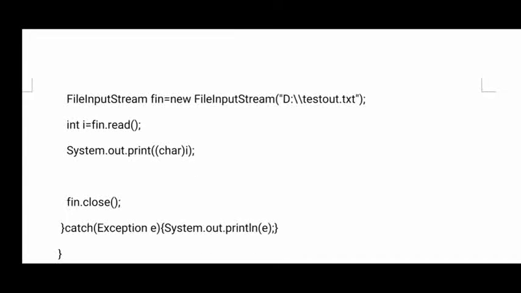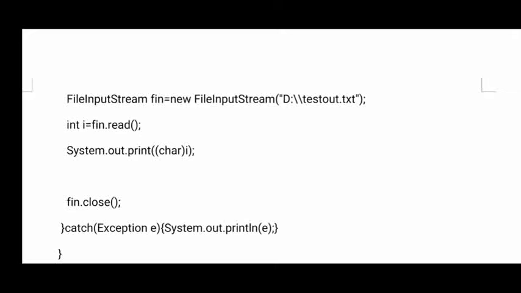FileInputStream is a stream class, and fin is an object. The file will be opened and stored in that particular object, with a new FileInputStream. You can see in the D drive testout.txt is there, one file, and that file I want to open. You understood?